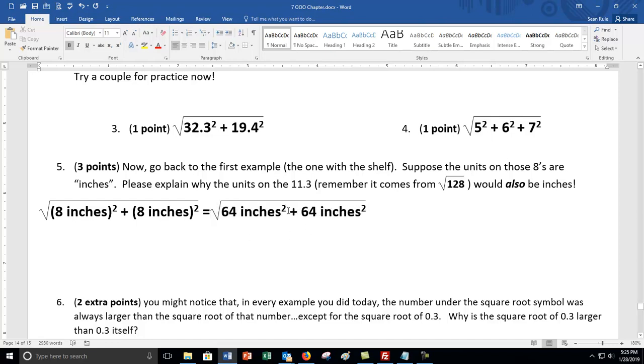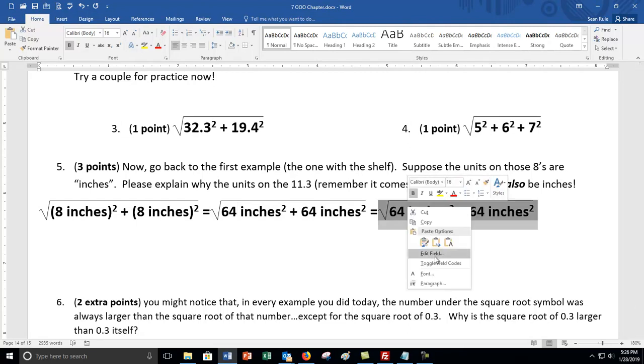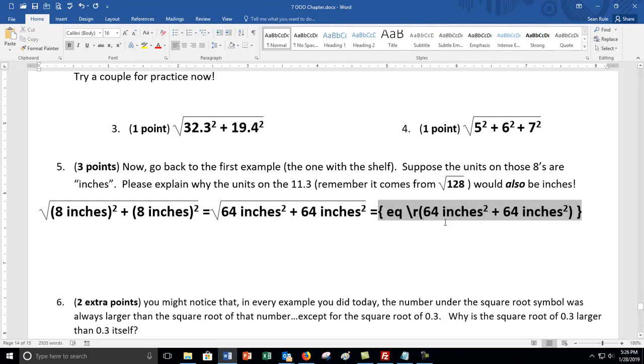Okay. And then you can add square inches to square inches, just like you can add 64 to 64, and you're going to end up getting 128 square inches.